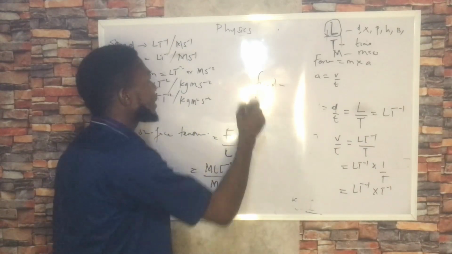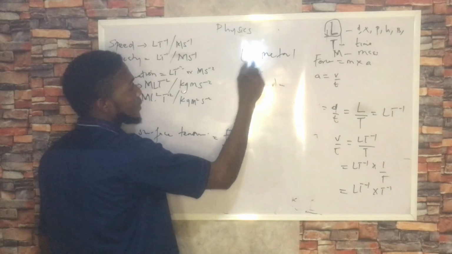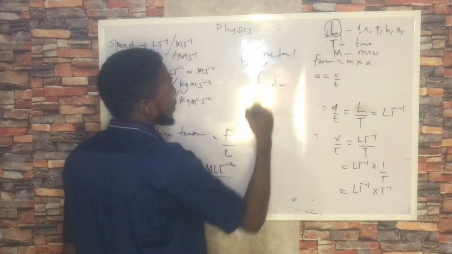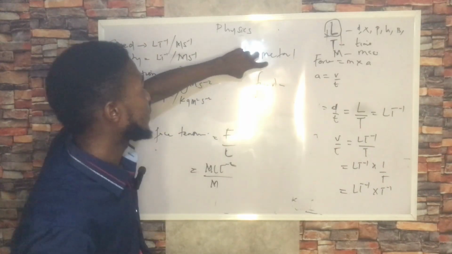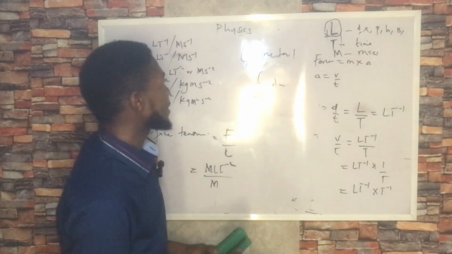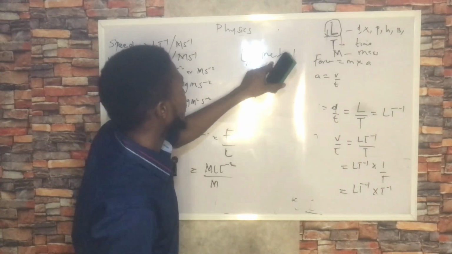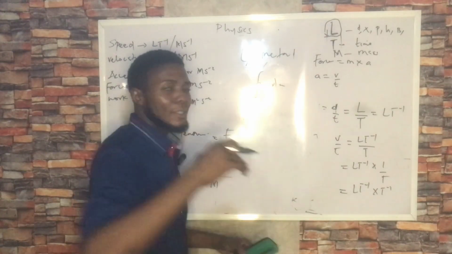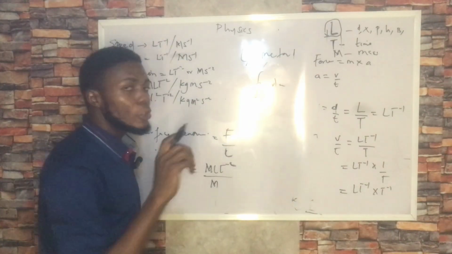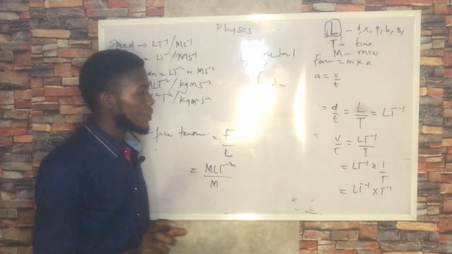Remember the mnemonic LTM. These are the three things. There are advanced cases where you use electric current and luminous intensity, but following the scope of O level, we treat LTM as the dimensions.